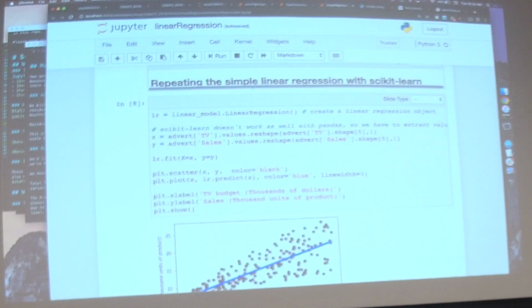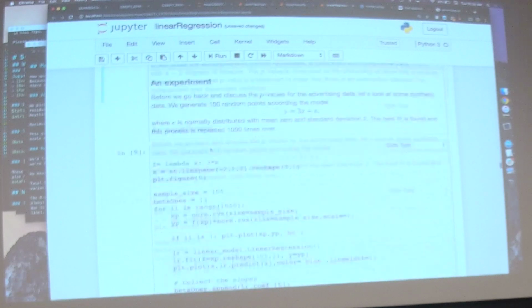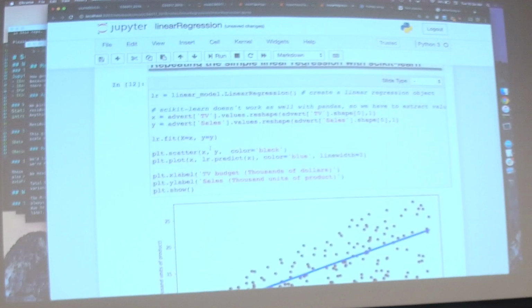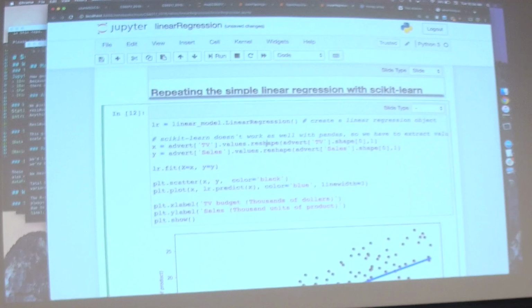Okay, so we'll do the same thing using the other libraries, just to see that they look totally different. So here we're just getting our x and y's as columns, and then we're doing this linear regression dot fit.